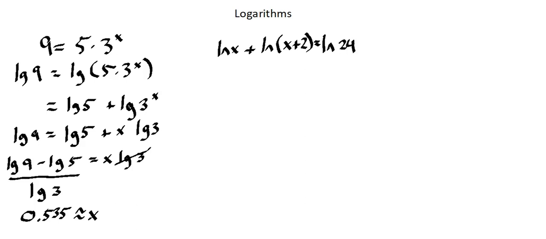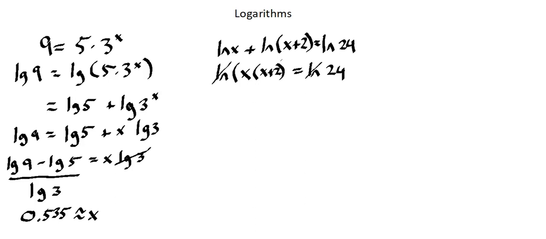On the left side of the equation, I'm adding two terms that are of the natural log. They both are of a log to the same base, so I can combine as natural log of x times x plus 2 equals natural log of 24. Now that both sides of the equation are set to the log of the same base, I can eliminate.